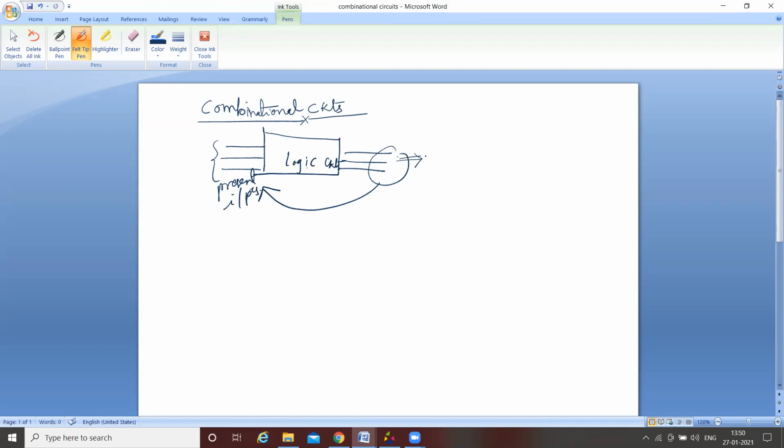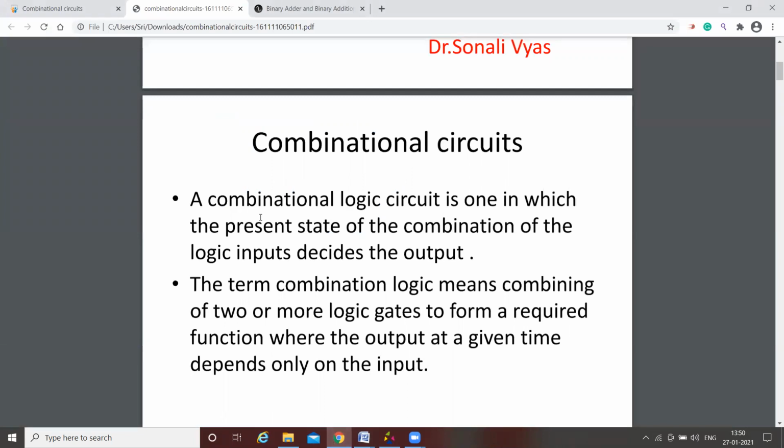Hence, combinational circuits. The combinational logic circuit is one in which the present state of the logic inputs decides the output.